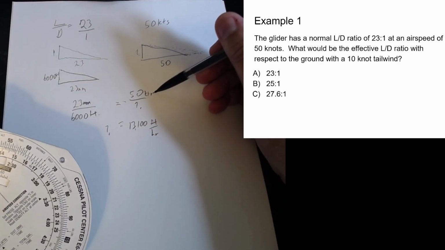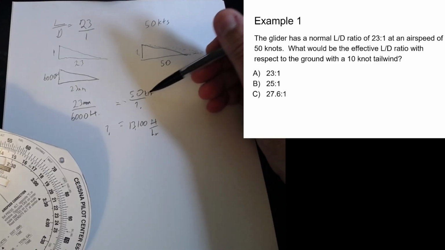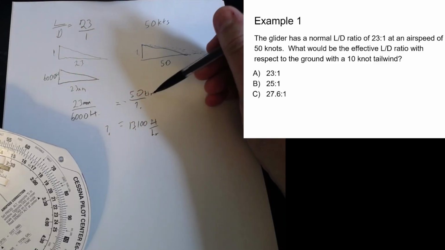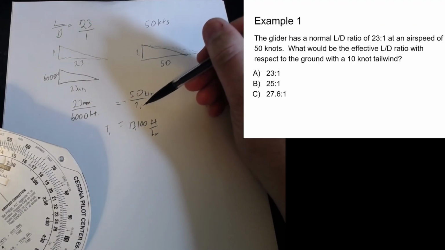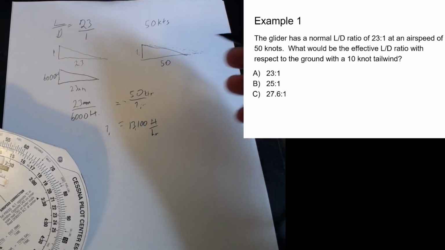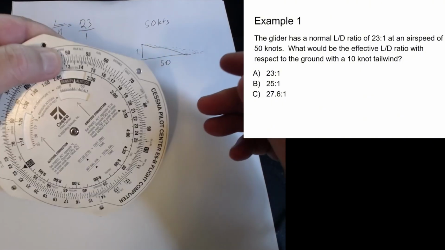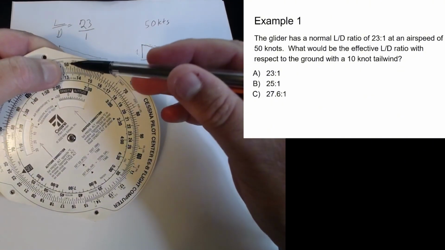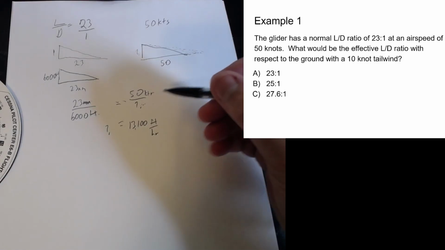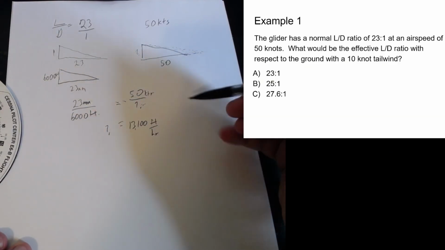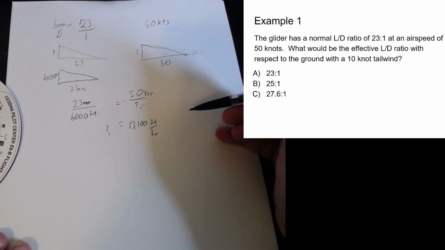So if this is nautical miles per hour, this has to be feet per hour: 13,100. So 50 on top, and below we have 13.1. Now we've solved the first step of how much we'd be going down.